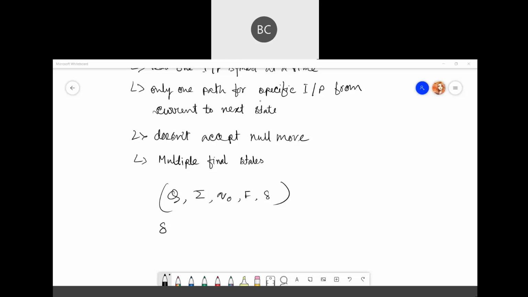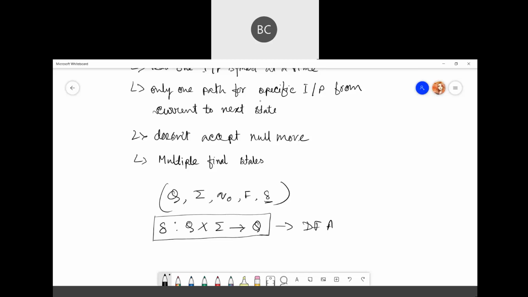Now you will know the transition functions. So the transition function for DFA you can represent as Q cross sigma to Q. Always remember that. This is for DFA.